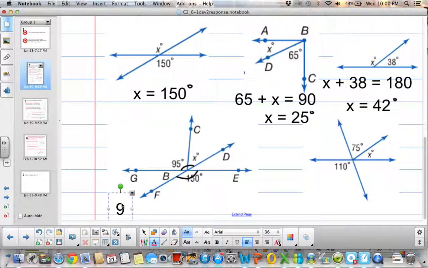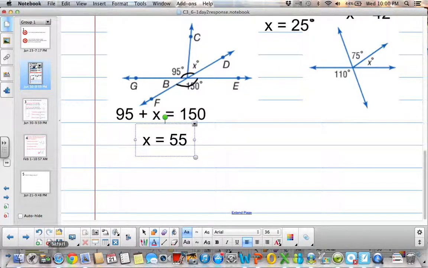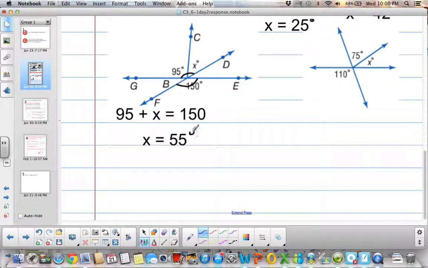So then 95 plus x equals 150, and then we subtract 95 from 150, and we get 55. So then x equals 55 degrees.